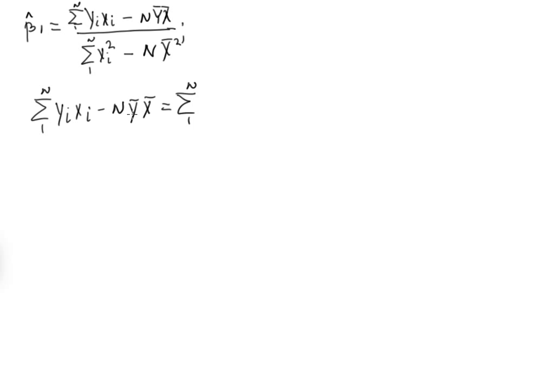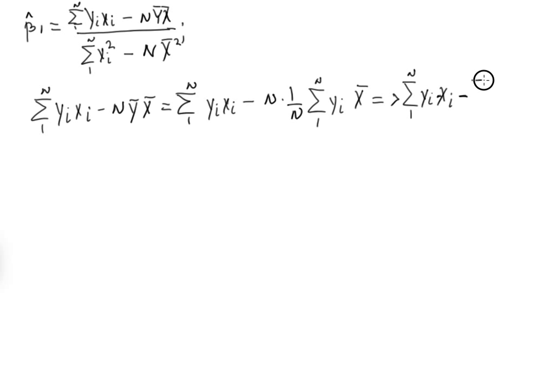So let's plug in the formula of the mean, expanding y bar. This will be the sum of yi xi minus n times 1 over n, the sum of yi's, times x bar. This stays the same, and the n's cancel, giving the sum of yi x bar.